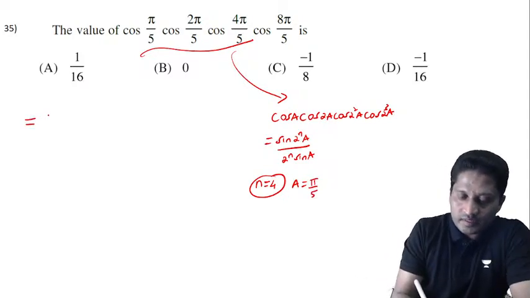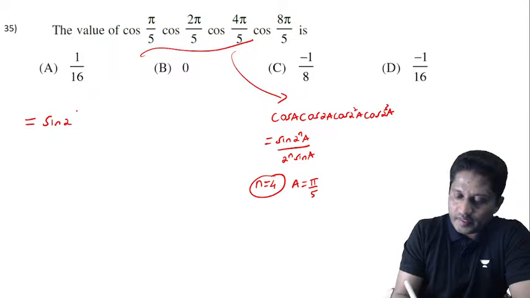Now the formula is sine 2 power n of A divided by 2 power n into sine A.